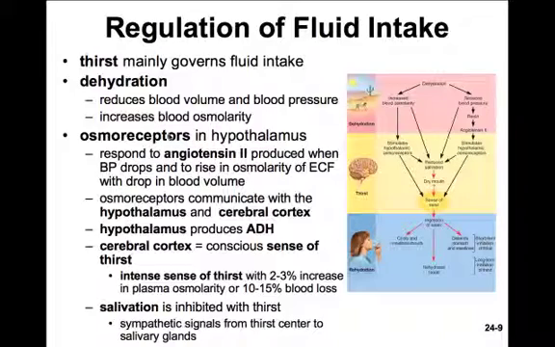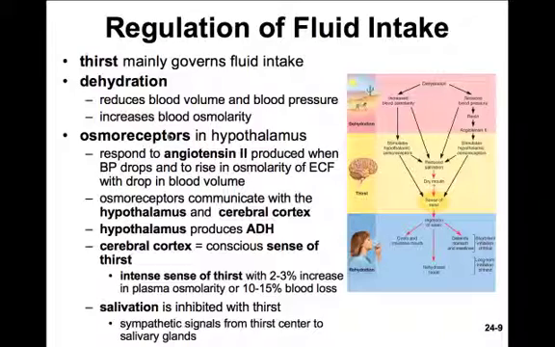The osmoreceptors do two things. They're going to communicate with the hypothalamus and the cerebral cortex. The osmoreceptors are on the hypothalamus. They tell the hypothalamus to produce antidiuretic hormone. And as you know, the antidiuretic hormone then goes to produce aquaporins, and the aquaporins promote the water retention or water reabsorption from the kidney tubules.